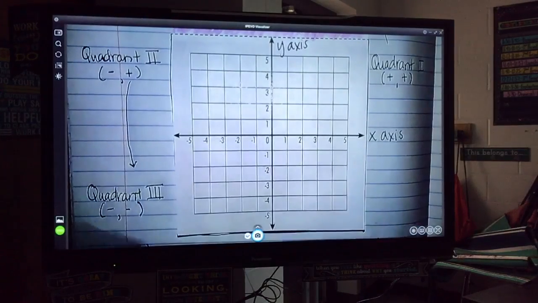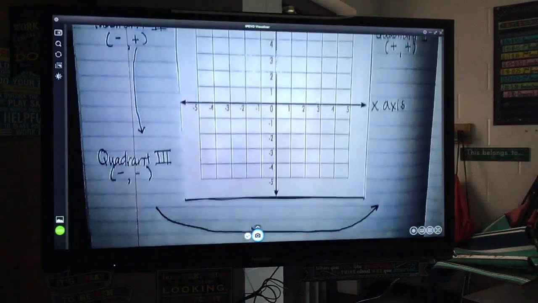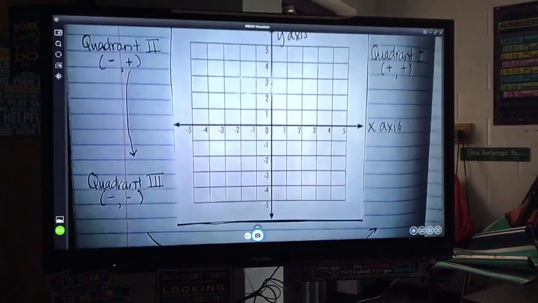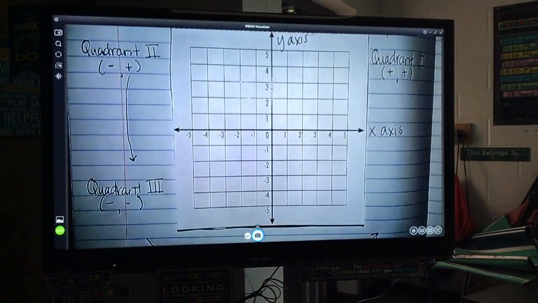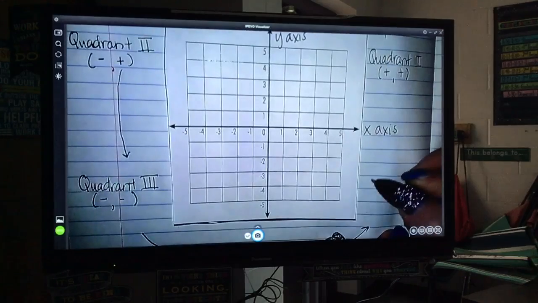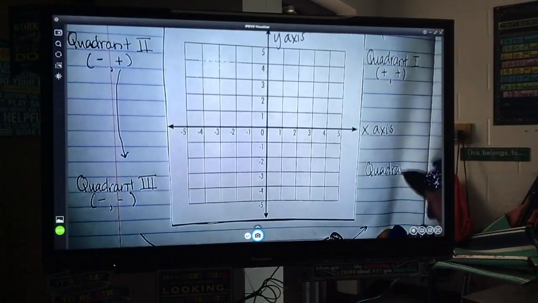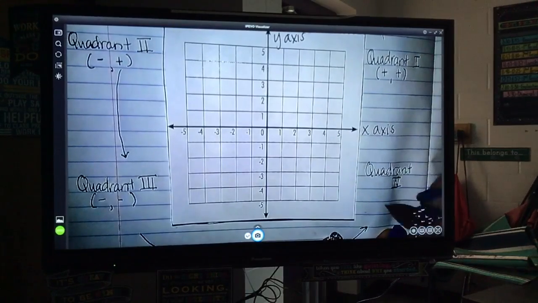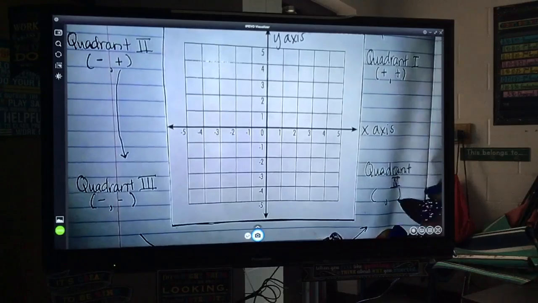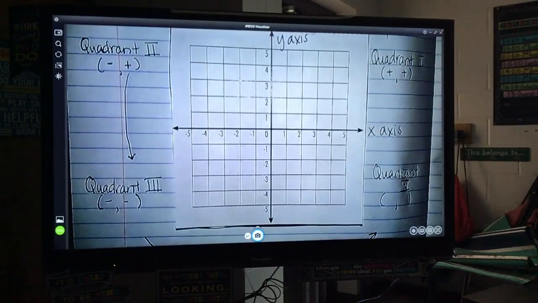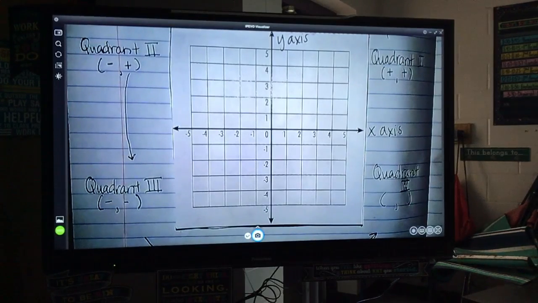And this last quadrant, sorry, you can't see my little arrow thing. This last quadrant is obviously what quadrant? Jeremiah? Quadrant 4. And what do we notice about our coordinates? Mason? So which one is positive, which one's negative?